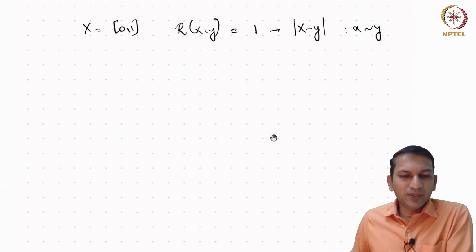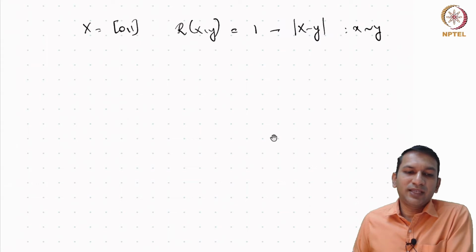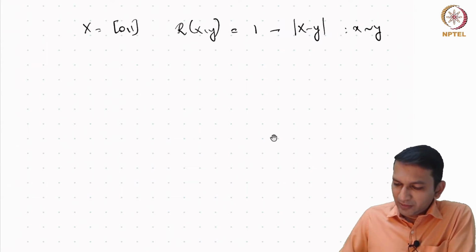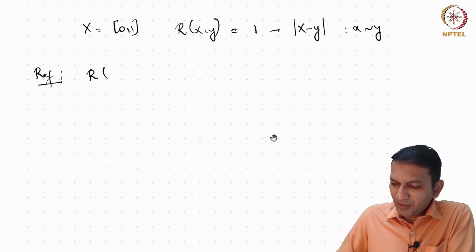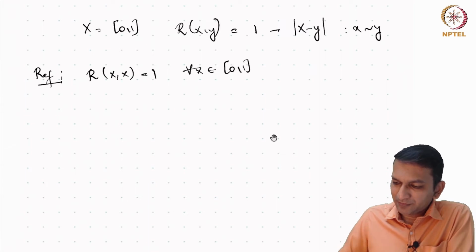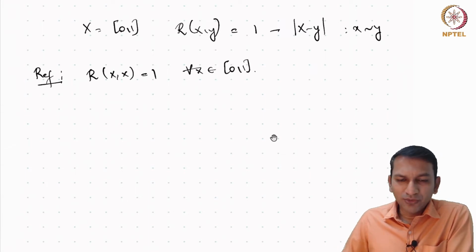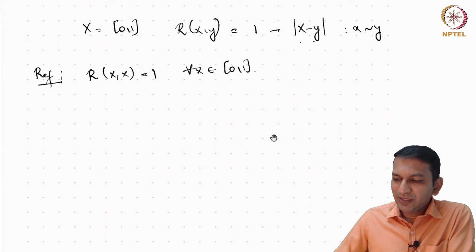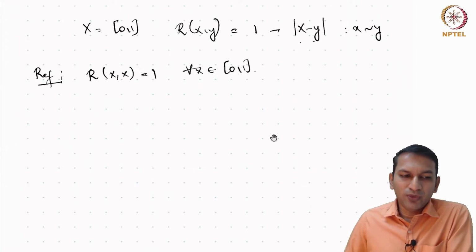So now we are asking the question, is this a similarity relation on the set x, which is [0, 1]? Then we need to show it is reflexive. By reflexivity we mean r of x, x should be equal to 1 for all x in x. In this case it is [0, 1]. Note that this is true, since x minus x is 0, so it is 1.